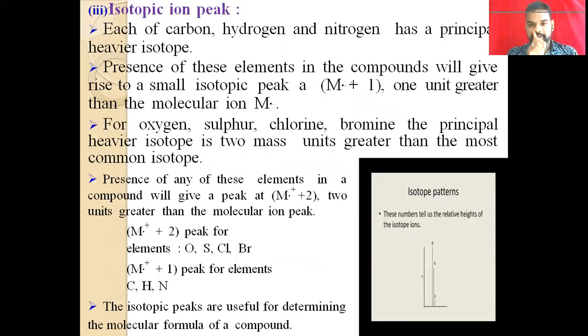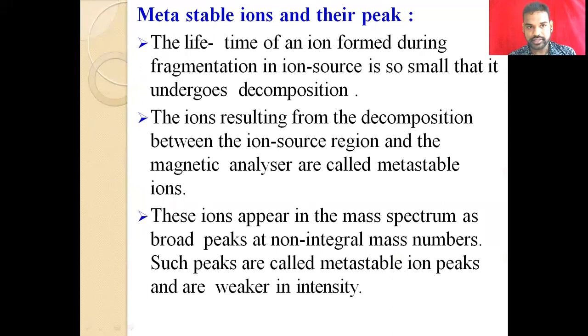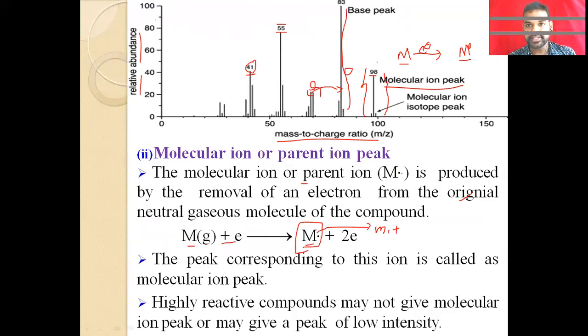And then the next one, the isotopic peak. So what is the isotopic peak here? As the name says, it is the peak which gives the idea about the isotopes. Here you can see the isotopic peak. Here is the parent ion peak, and it has some smaller peaks near the molecular ion peak.